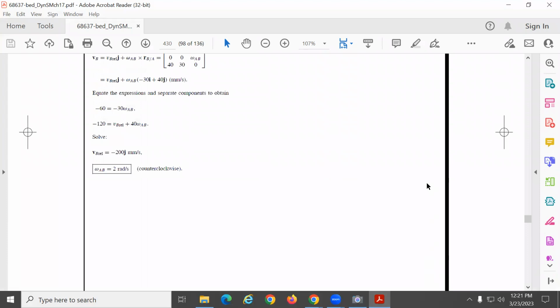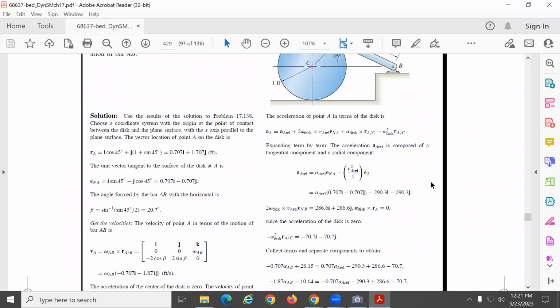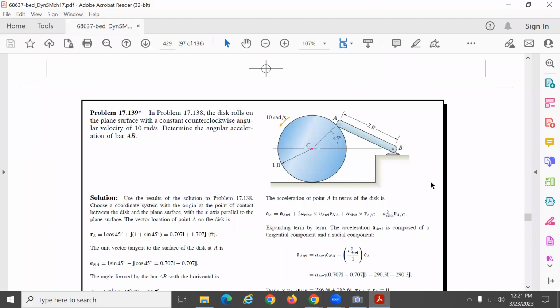Great. Basically it gives us the angle, so maybe it has to do with the angles. What is the radius? One foot. And they give you this angle is 45, no? So what would be this vector?